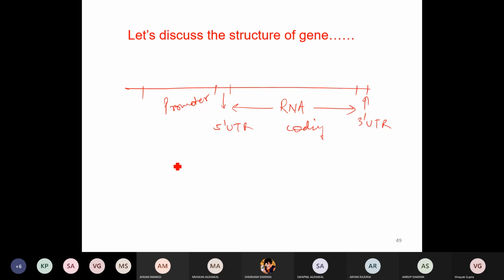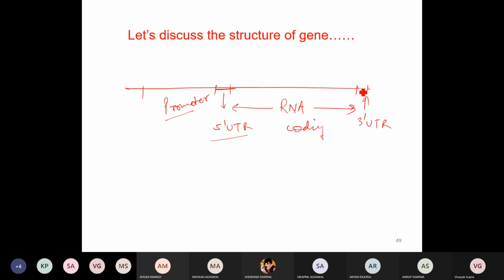How many elements are there? First is the promoter. Following that, we have the 5' UTR, and after that we have the RNA coding region.